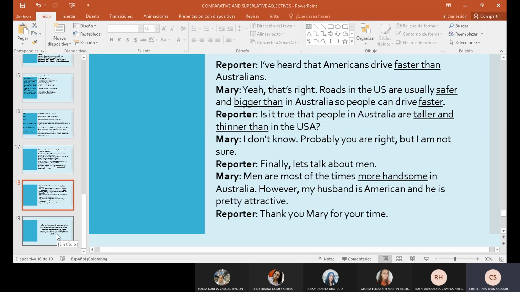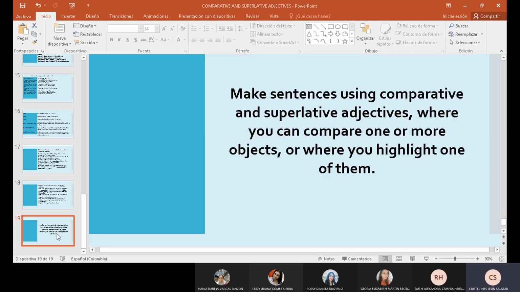And finally, for the end of class, you are going to make sentences using comparative and superlative adjectives, where you can compare one or more objects, or where you highlight one of them. Okay. You have 4 minutes for that exercise.